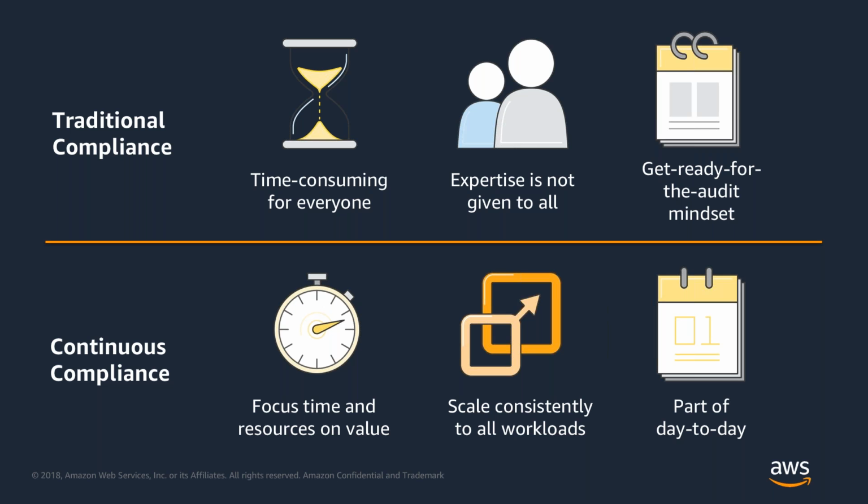Well, with continuous compliance, you never have to manually manage spreadsheets or wait for the dreaded audit period. You can have visibility of your compliance levels all of the time. Continuous compliance is the capability of a security operations team to transform compliance to code, deliver security controls consistently across AWS accounts at scale, and make it part of the day-to-day.